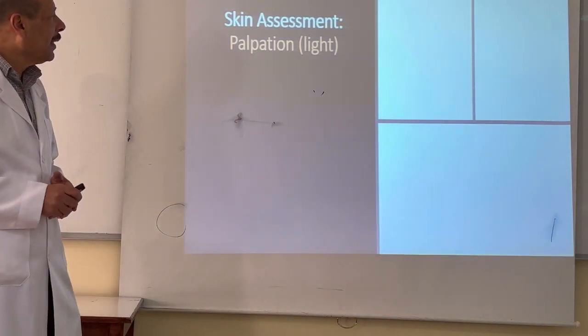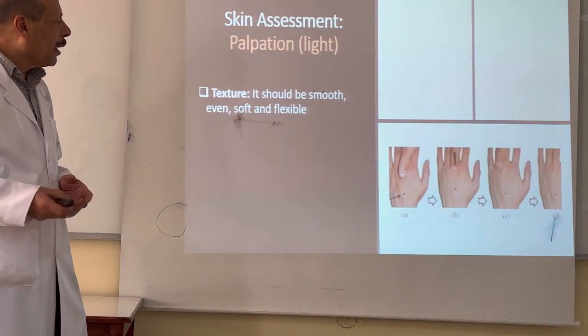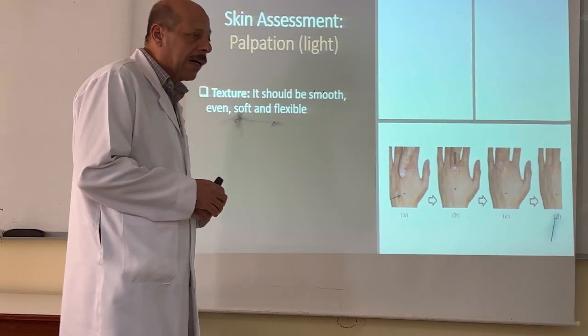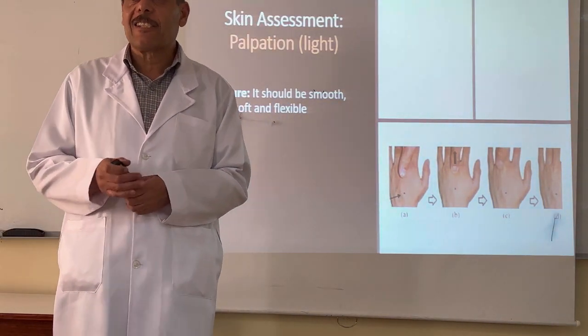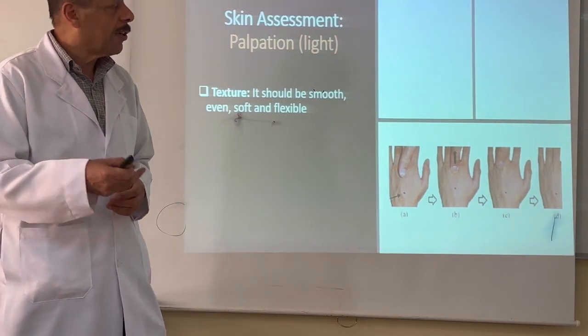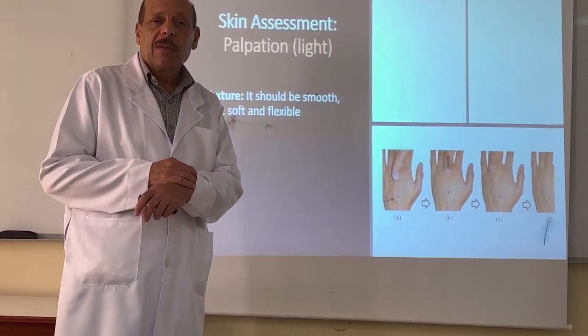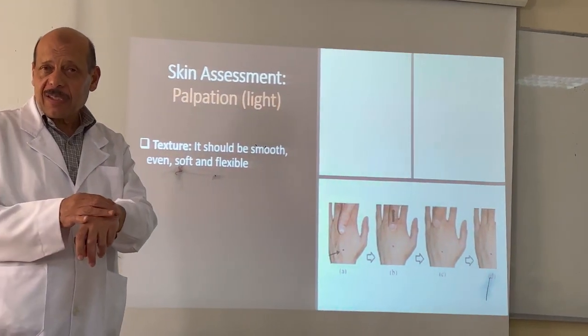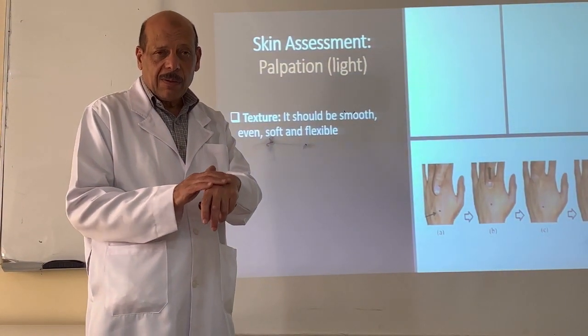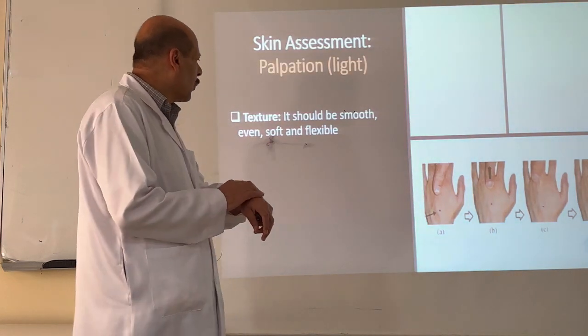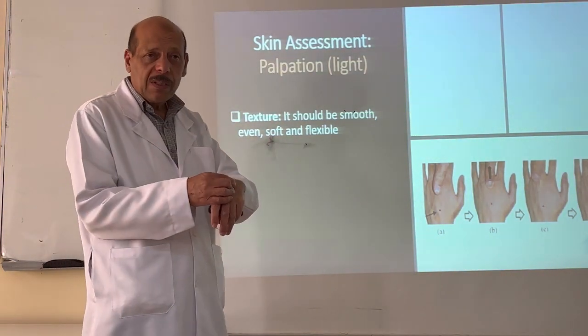Skin assessment, palpation. When we are palpating the skin, we are palpating the skin texture. And skin texture also has to be smooth. So when we are feeling the skin, it has to be smooth, and also soft, flexible.